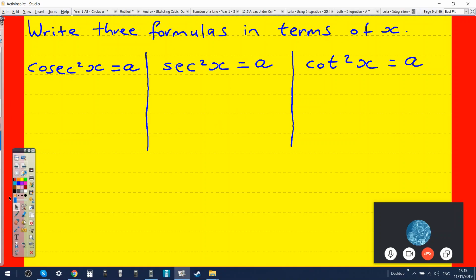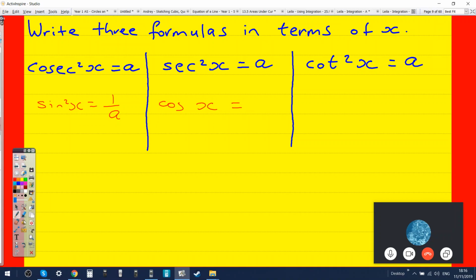Okay, middle and right. Okay, so the middle one will be cos x equals root 1 over a. So then x equals arc cos root 1 over a, and it's plus minus. So go on, start again. So cos x equals root 1 over a.